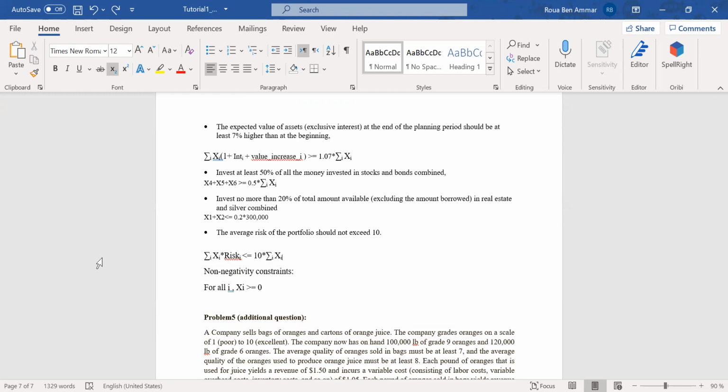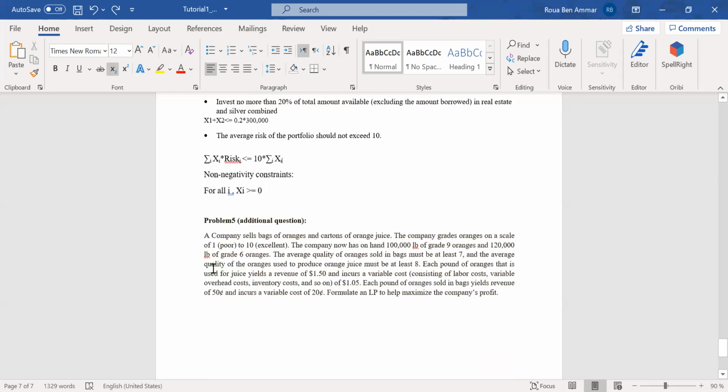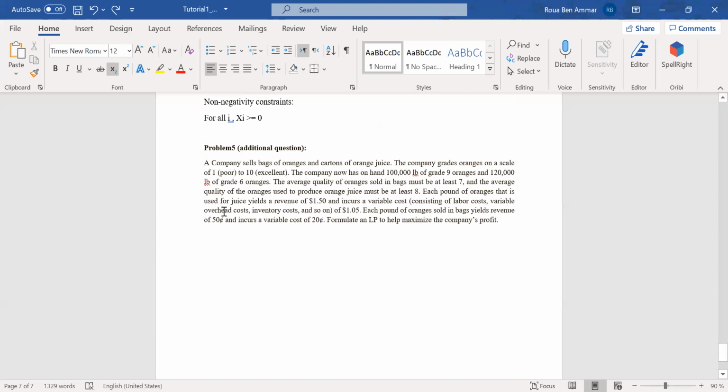Clear? Okay, let's move on to problem 5. I'm just going to read the problem. A company sells bags of oranges and cartons of orange juice. The company grades oranges on a scale of 1 (poor) to 10 (excellent). The company has on hand 100,000 pounds of grade 9 oranges and 120,000 pounds of grade 6 oranges. The average quality of oranges sold in bags must be at least 7, and the average quality of oranges used to produce orange juice must be at least 8.